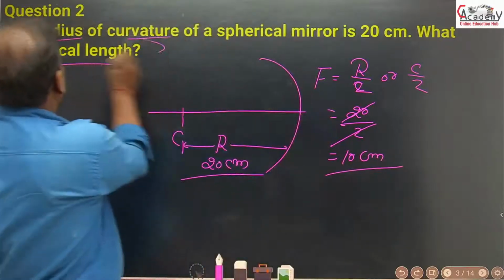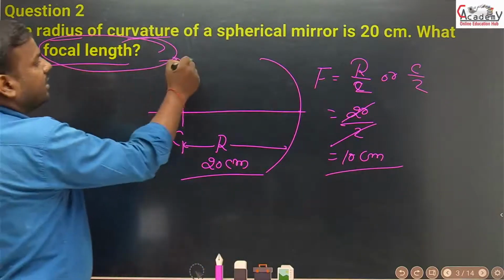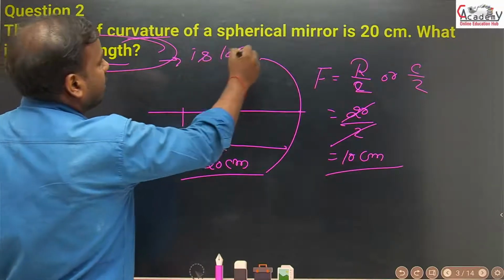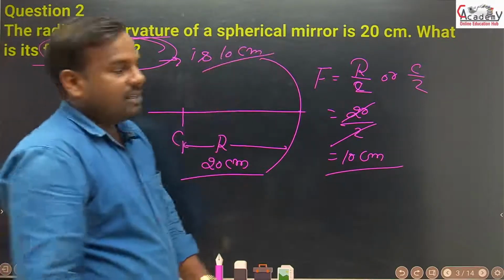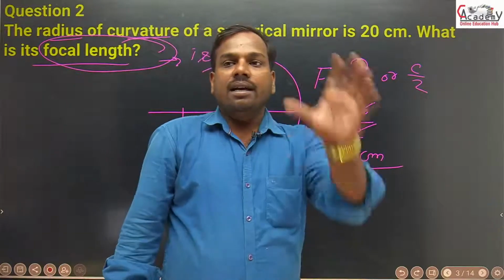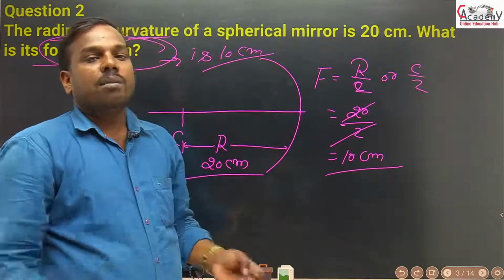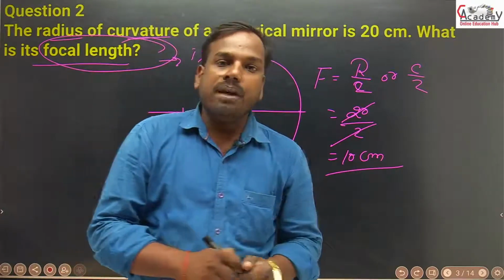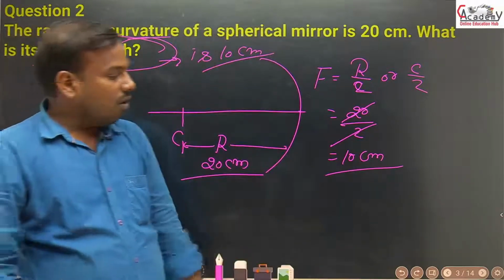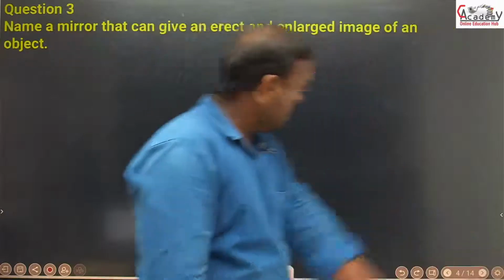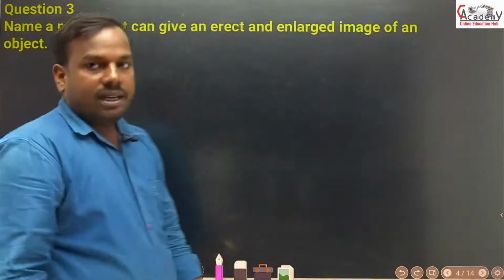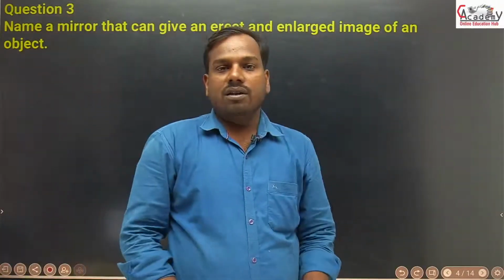Focal length is 10 centimeter, because we know that focal length is just half of the radius of the spherical mirror. Is that clear? Do you understand or not? Please comment.